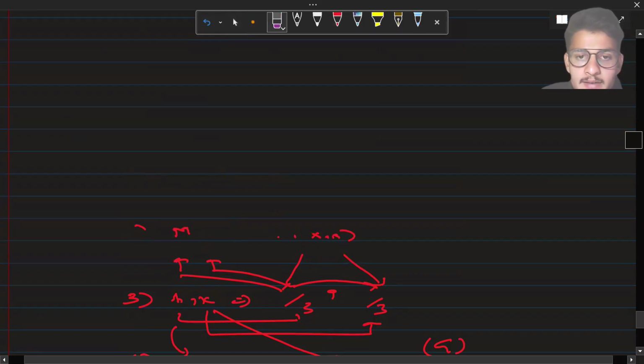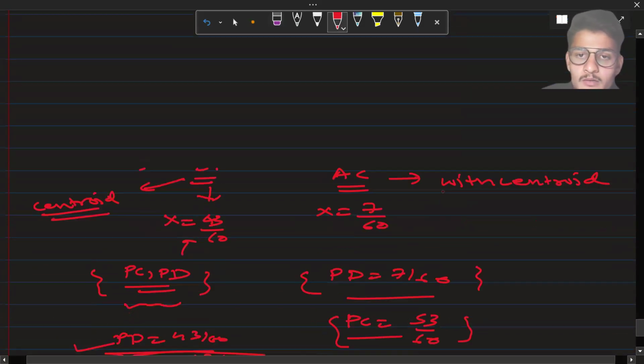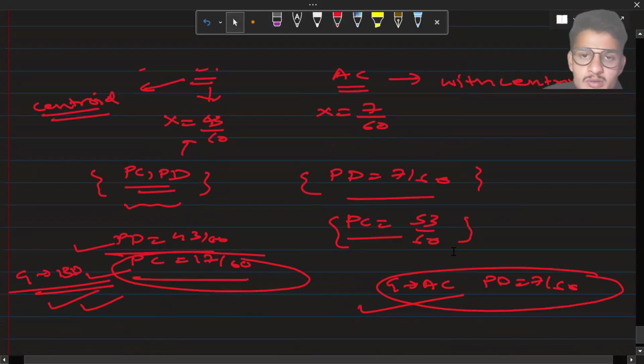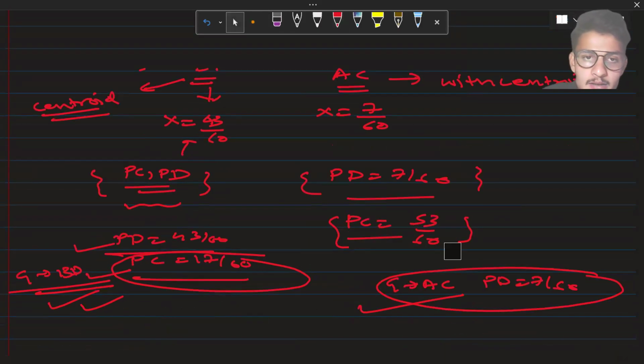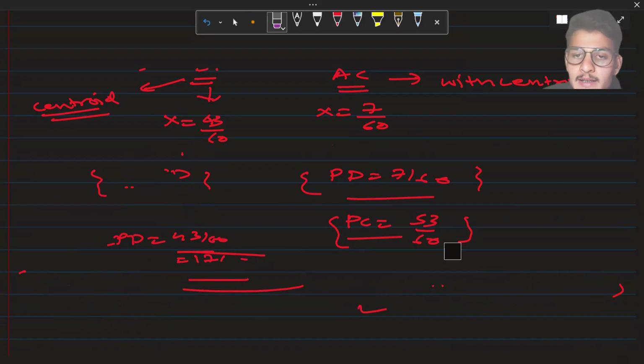Concyclic points are points through all of which a circle is passing. So all those points are called concyclic points. A circle passing through 4, 5, 3, 2, any number of points, those points are then concyclic. So are all the points on a circle concyclic?